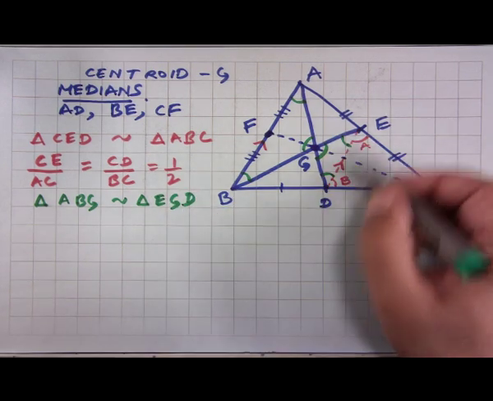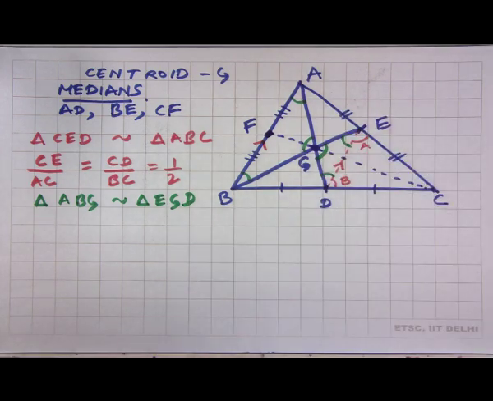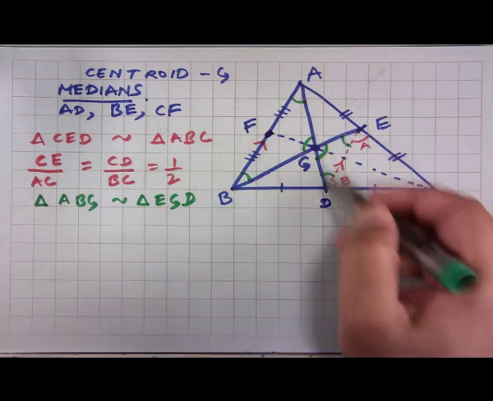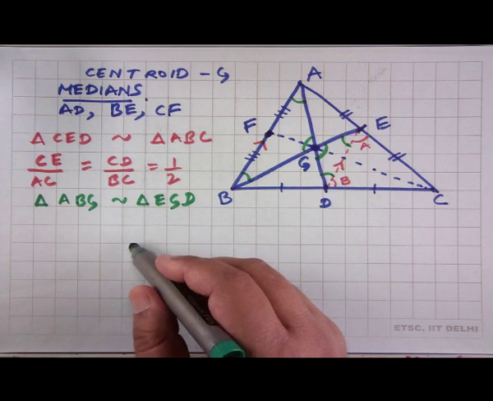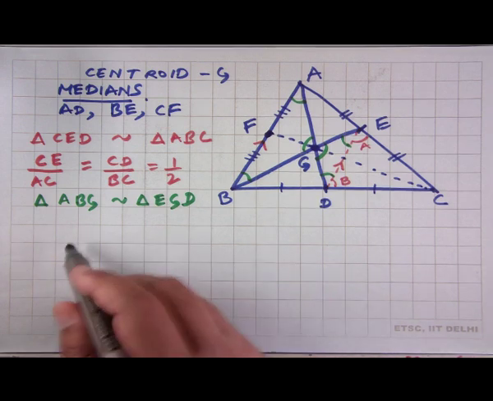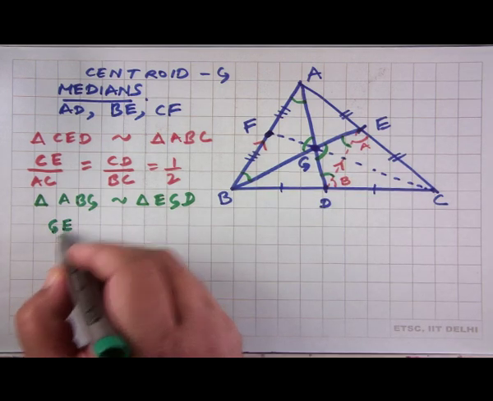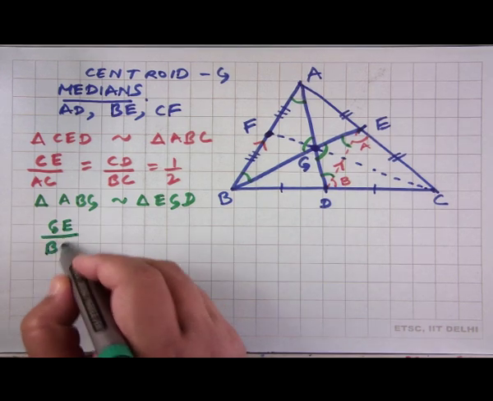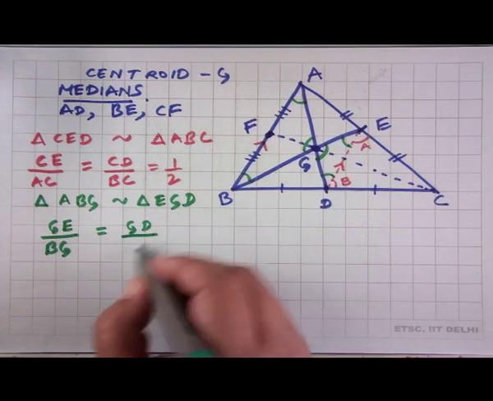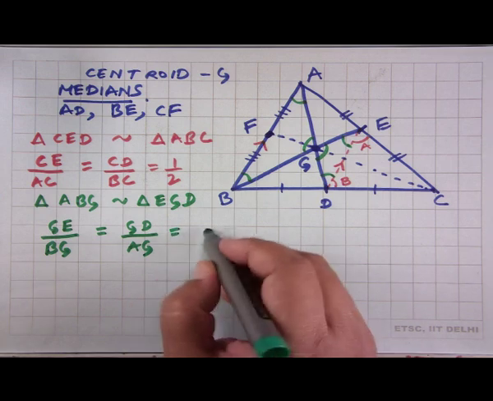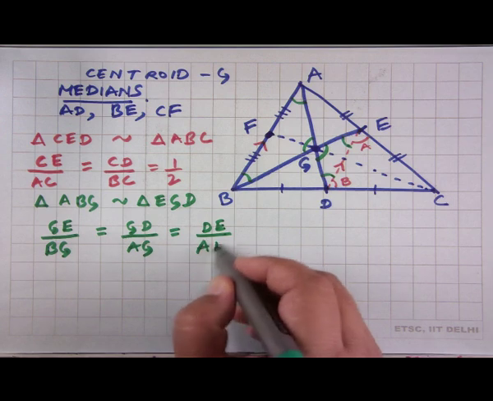For these two triangles, the three angles are exactly the same, and therefore, these two triangles are similar, and from there it follows that the ratio of GE to BG is equal to the ratio of GD to AG, which is equal to the ratio of DE over AB.